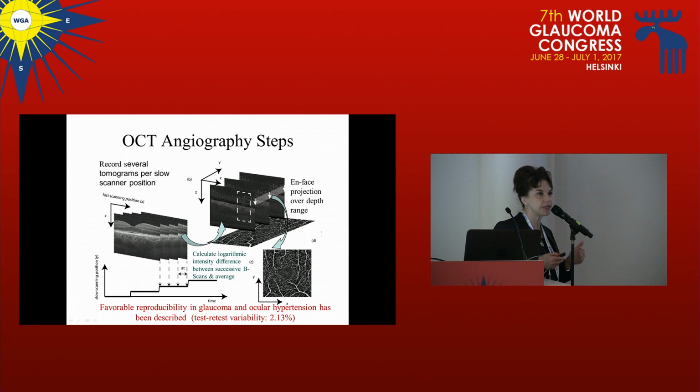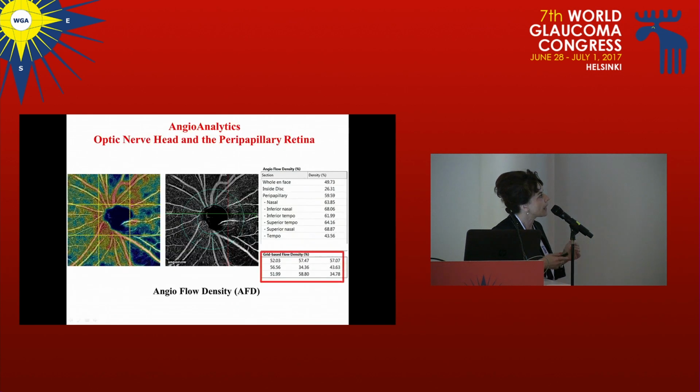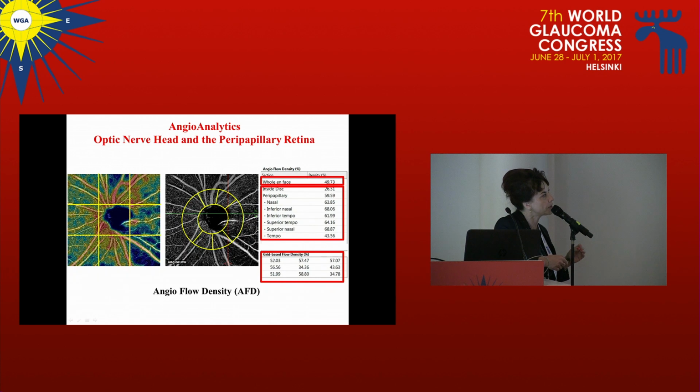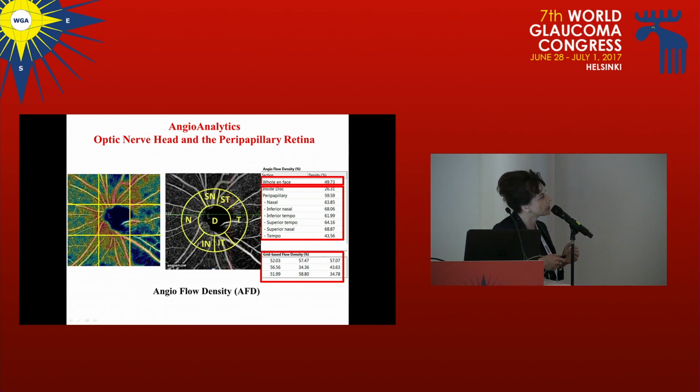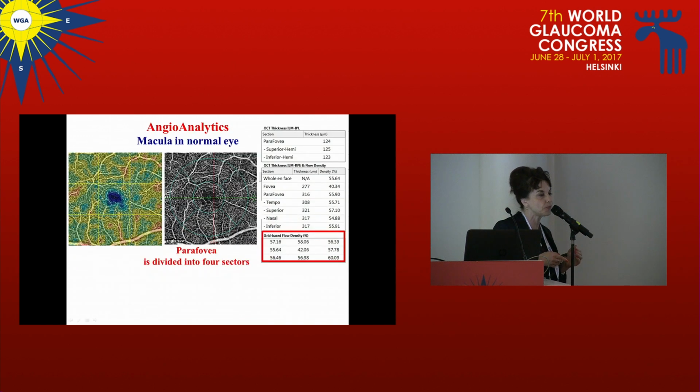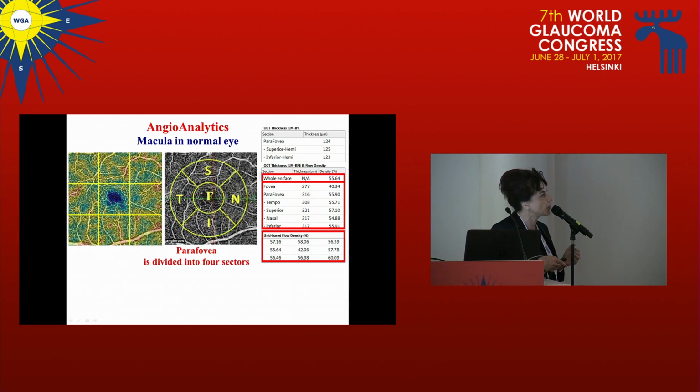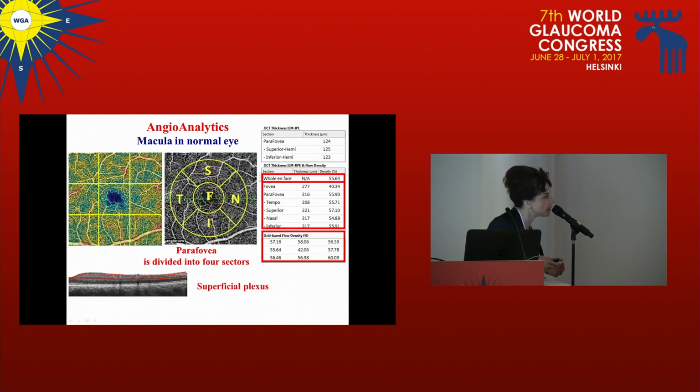This method is based on the split-spectrum amplitude-decorrelation algorithm that was introduced by the group of David Huang, and it allows us to measure vessel density both in the optic nerve head and peripapillary retina, divided into sectors and quadrants according to a grid-based algorithm, and in the macula, in the fovea and parafovea, also divided into sectors and quadrants, in superficial and deep retinal plexuses.